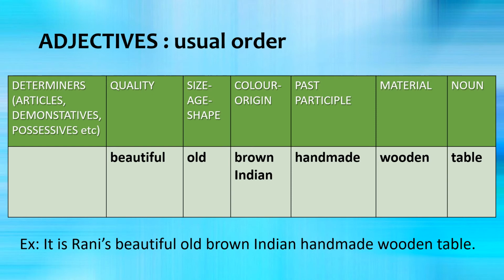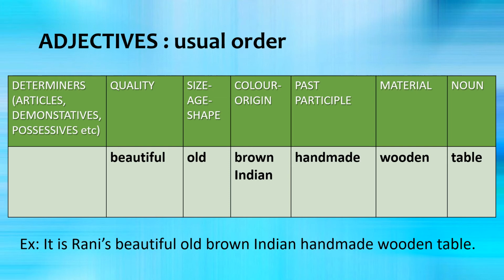About this noun, all these words used are called adjectives. And if we frame a sentence with these words, here is the sentence. It is Rani's beautiful, old, brown, Indian, handmade, wooden table. Students, here, table is the noun.